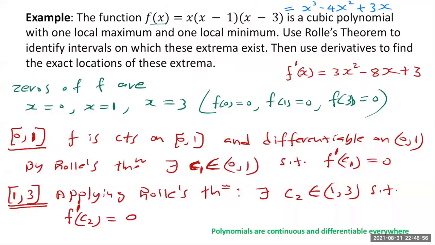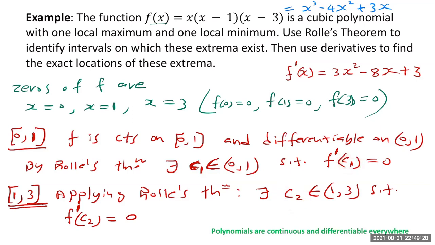And here, by Rolle's theorem, we found two critical points, one critical point in the interval 0, 1, the other in the interval 1, 3. And since we are given that we have a local maximum and a local minimum for this function, and we know that local extrema are critical points, this maximum and minimum should be corresponding to these two points, C1 and C2.